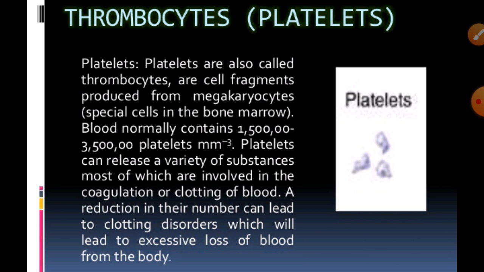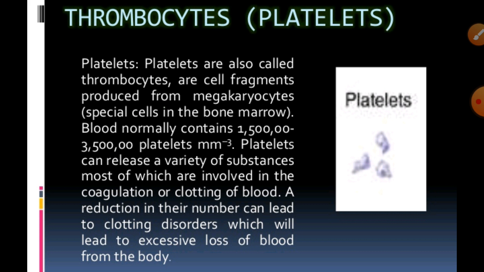If we talk about their numbers, the blood normally contains 1,50,000 to 3,50,000 platelets per cubic millimeter of blood. If they are reduced, the clotting of blood cannot be completed, meaning a clotting disorder can be found, especially in injured conditions.